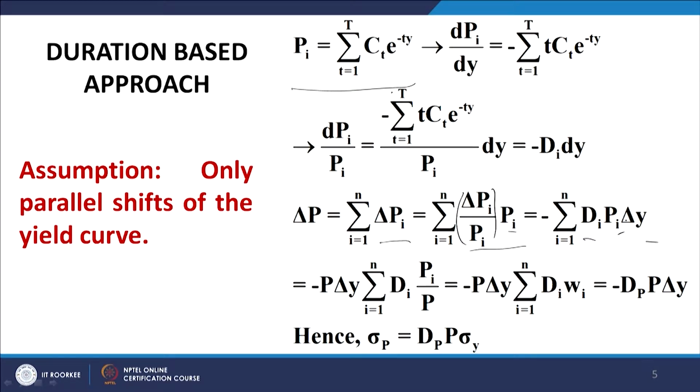Now, we multiply and divide by P, which does not change the scenario. P is the total value of the portfolio.